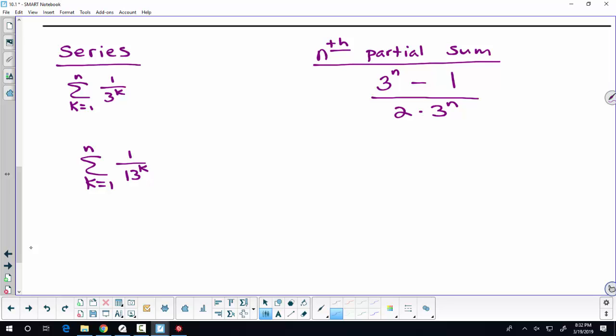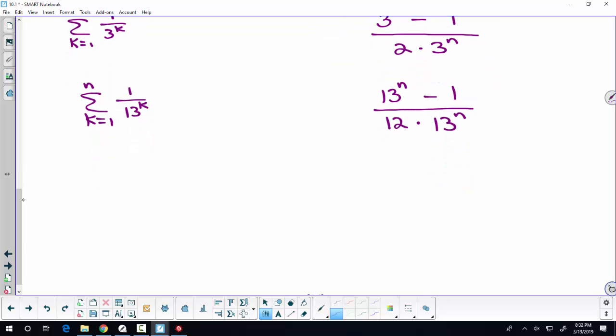So like the nth partial sum for the sum of 1 over 13 to the k would be 13 to the n minus 1 over 12 times 13 to the n. Maybe let's do 1 over 27 to the k.